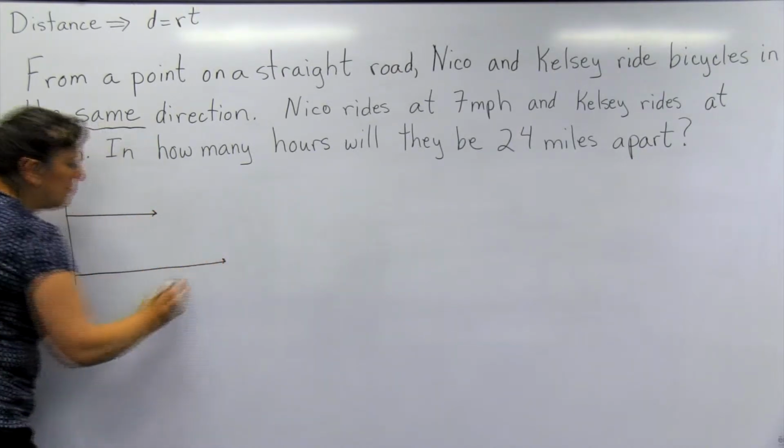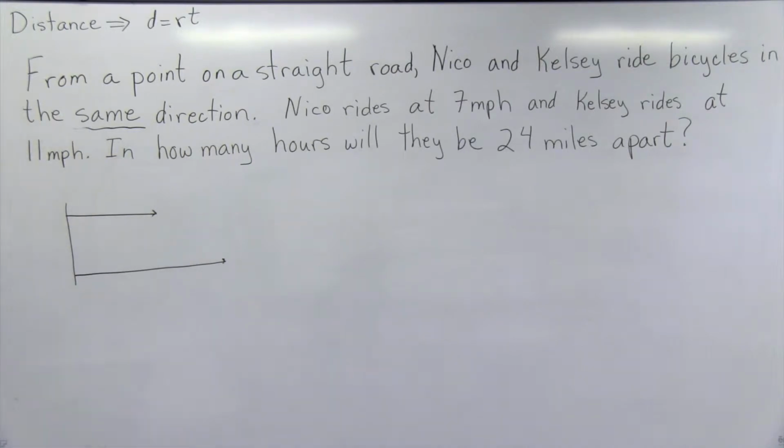Okay, we've got that part. We already can see what's going to happen on this thing. Nico is my slower rider, so we'll put him on the top, and Kelsey is my faster rider. Remembering your formula, we have distance equals rate times time.